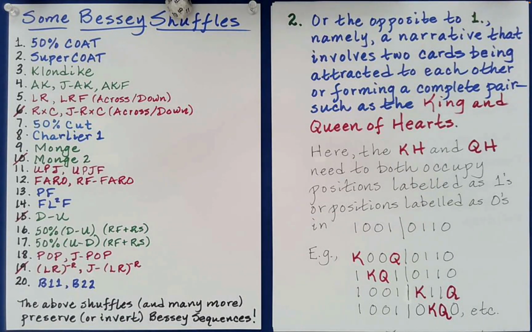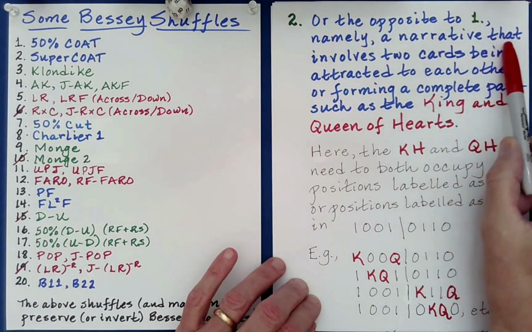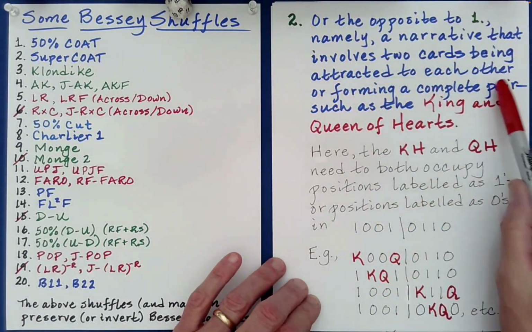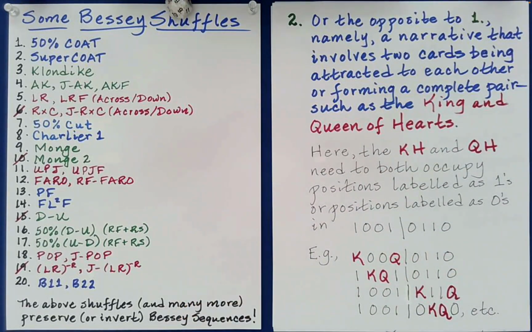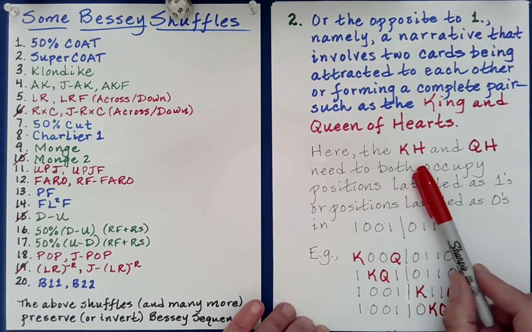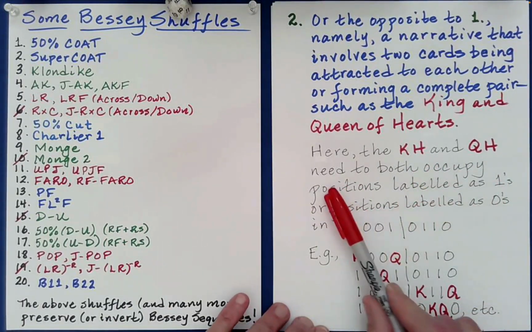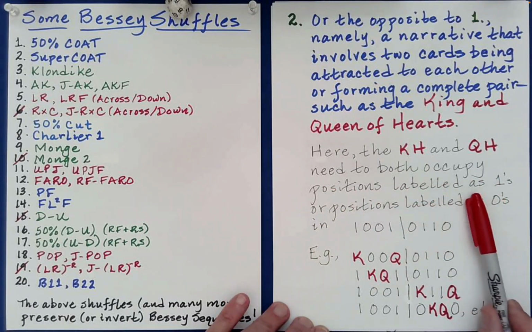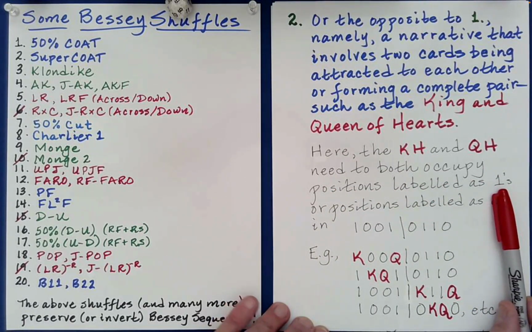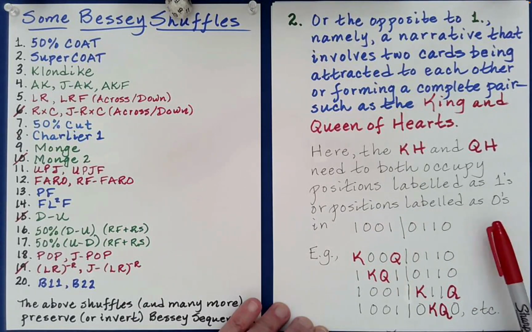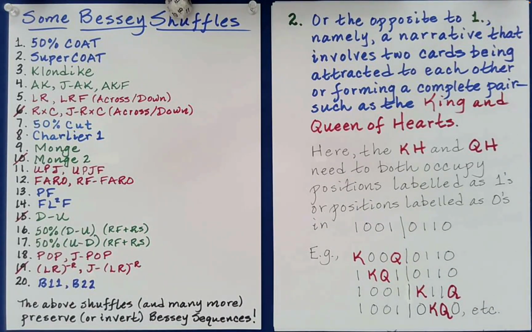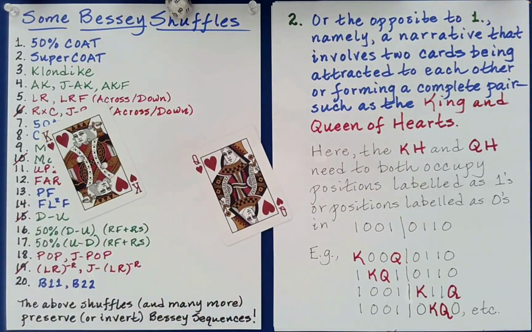Okay, so there's kind of an affinity or attraction among these cards. So a narrative that involves two cards being attracted to each other or forming a complete pair, such as the King and Queen of Hearts. So here the King of Hearts and Queen of Hearts need to both occupy positions labeled as either 1s or labeled as 0s.